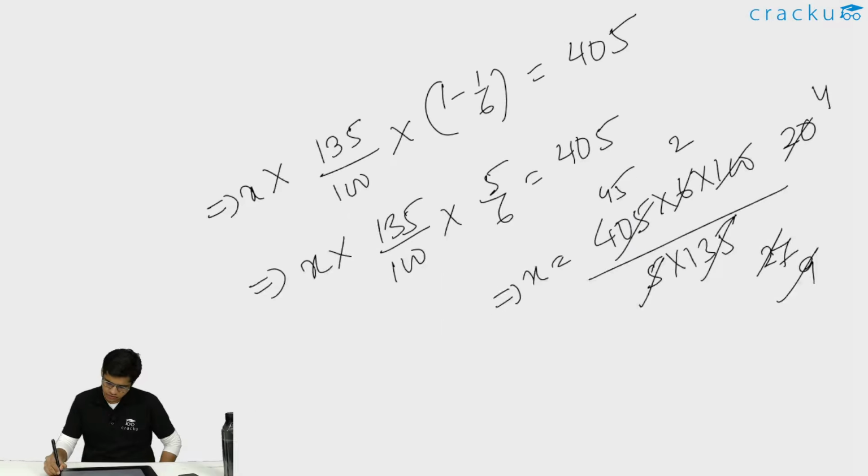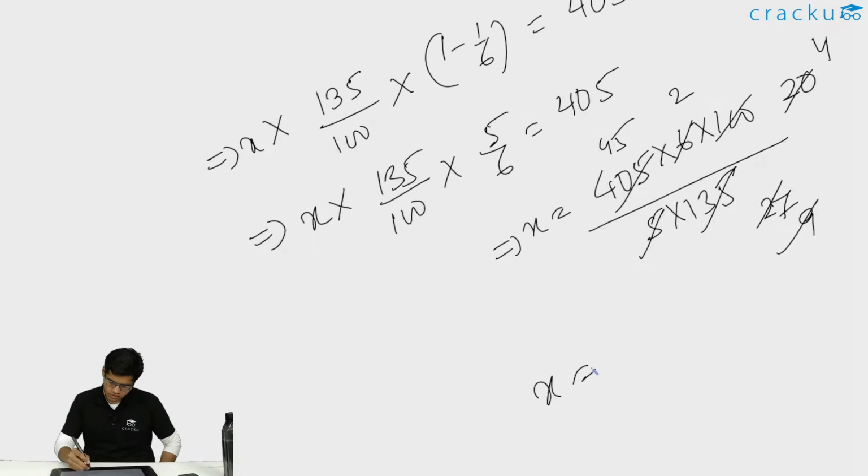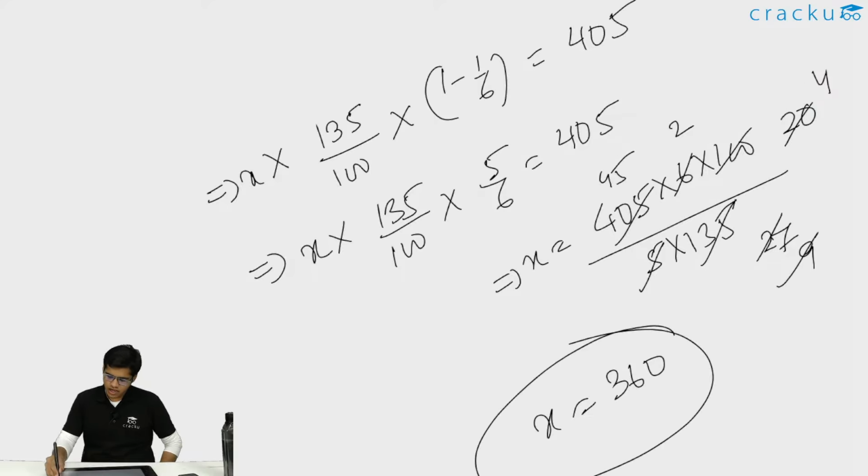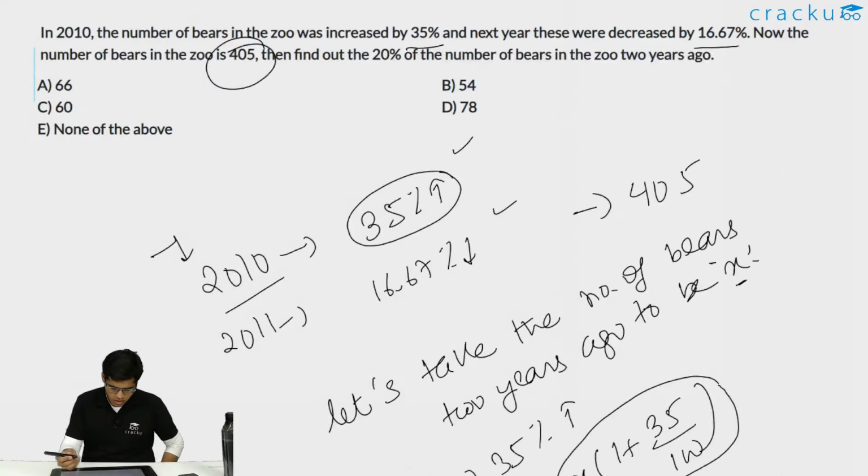So basically, what is the value of X? Value of X is 45 into 2, 90. 90 into 4 is 360. So we have got the number of bears in the zoo 2 years ago, that is 360.